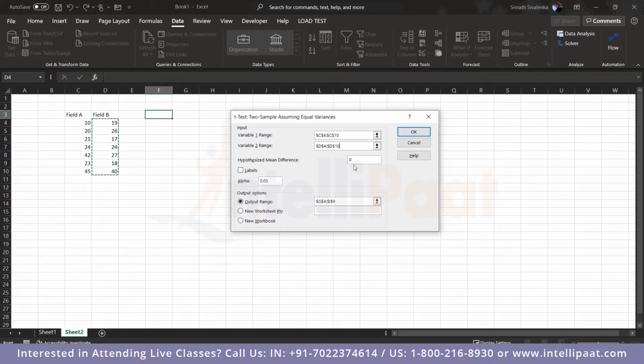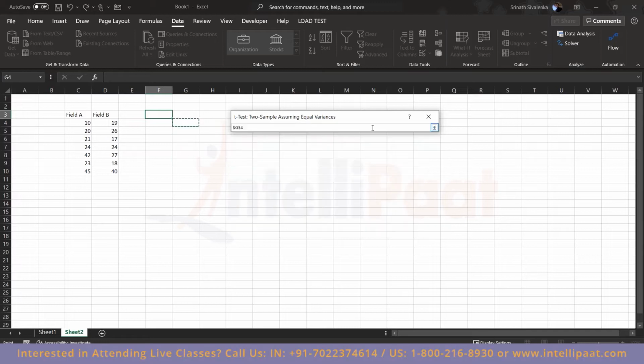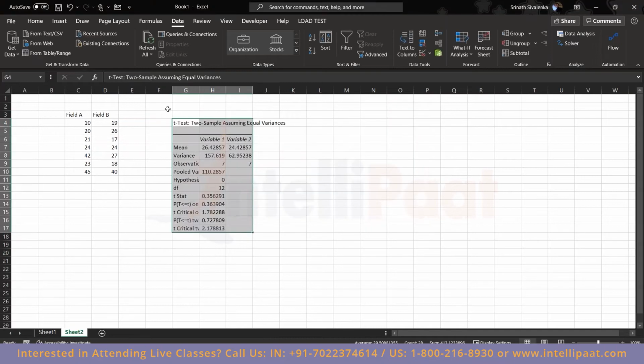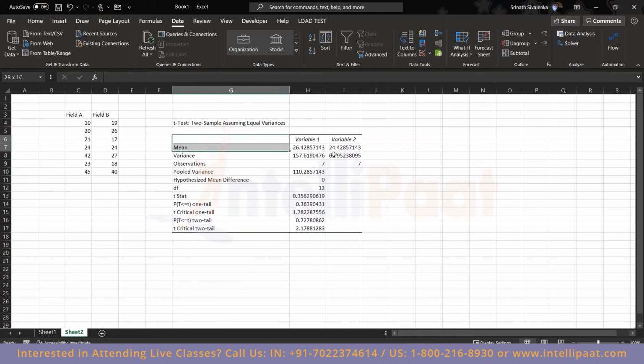Labels are not there in the data, that's okay. Alpha is 0.05; you can change whatever your alpha value is. Then I can simply select an output range over here, click OK, and that's it. That's the result that I've got, right?